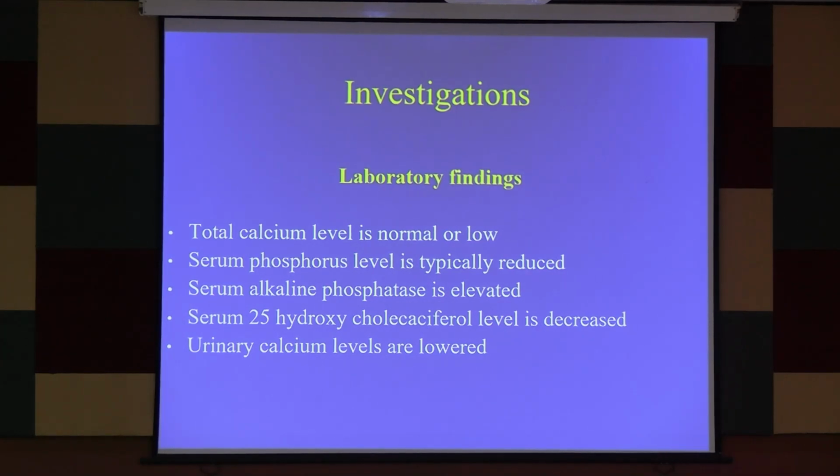Now, with calcium deficiency, what happens? With vitamin D deficiency and calcium deficiency, there is a feedback pathway. There is increased production of the parathyroid hormone, PTH. What is the function of the parathyroid?